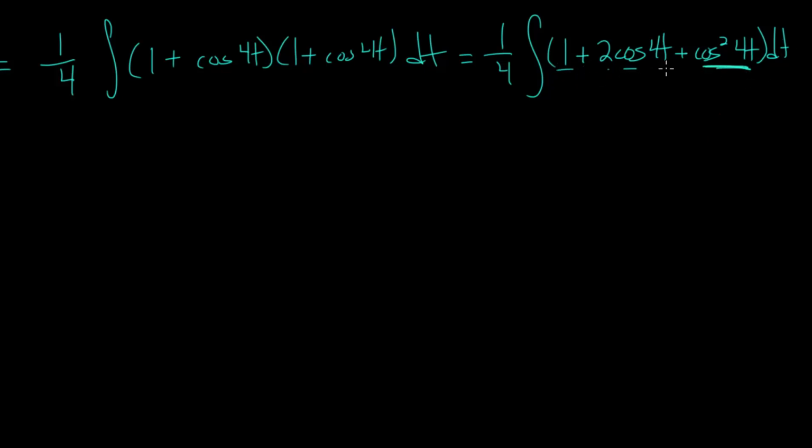Though I should mention these terms right here are simple enough that we can use basic integration techniques or use substitution to actually simplify those. But let's rewrite this using our formula again. I will repaste it.